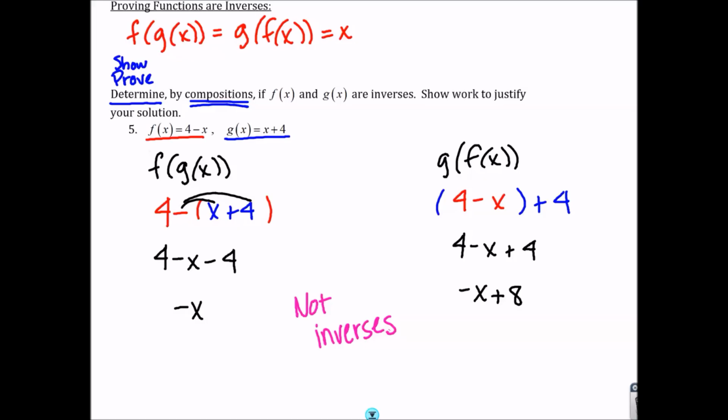Let's take a look at another example. I have that f of x is the cube root of x minus 3, and that g of x is x plus 3 cubed. I need to do f of g of x and g of f of x.